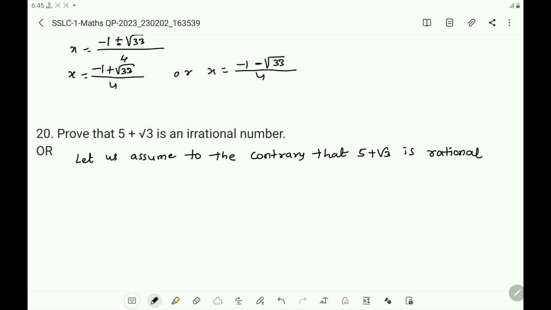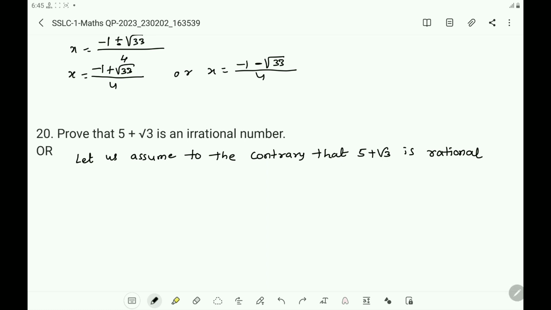It is a contrary. If 5 plus root 3 is rational, you can express that in the form of p by q or a by b, where a and b are co-prime numbers. Means the common factor of a and b is only 1. They are not having common factors other than 1. So they are called co-prime numbers.